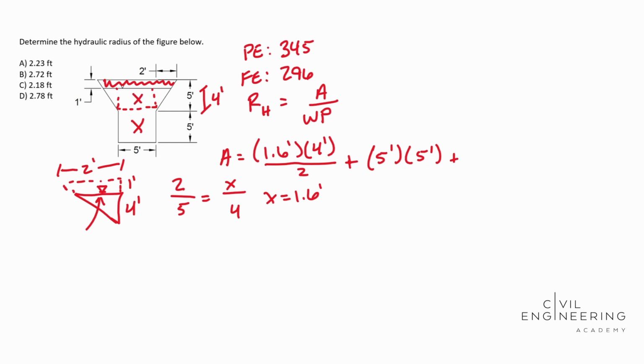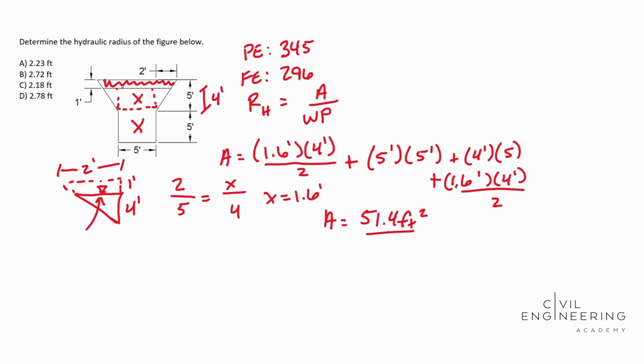Let's just work from left to right here. The next rectangle is 4 feet by 5 feet, so 4 feet times 5 feet. And then we have another one of those triangles that is 1.6 feet. Got ahead of myself. 1.6 feet times 4 feet, and then we divide by 2. Whenever you add all those guys up, your area should end up being 51.4 square feet.